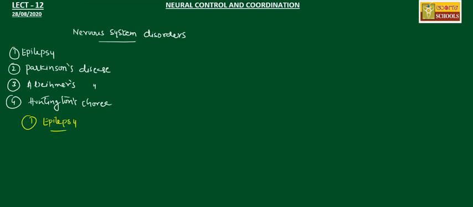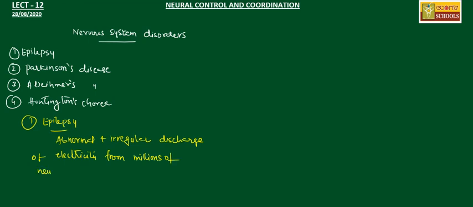Epilepsy is caused by abnormal and irregular discharges of electricity from millions of neurons in the brain.